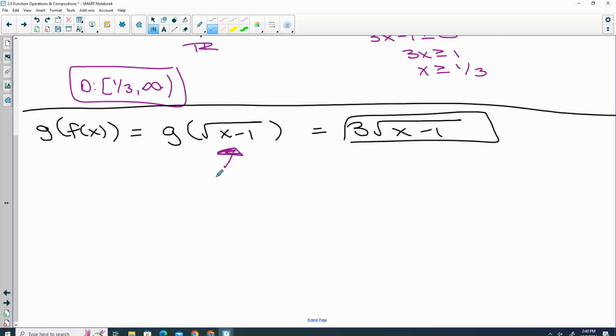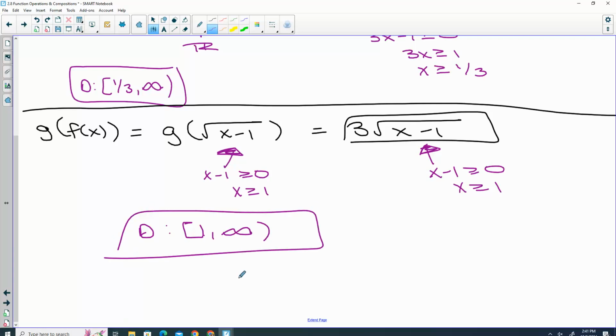We had a square root, so the radicand greater than or equal to 0, so x is greater than or equal to 1. Final answer, does the 3 on the outside affect anything? No, it's just radical, so thing underneath, greater than or equal to 0. We get the same thing. So overall, my domain is just 1 to infinity. We don't care about anything outside the radical, just the stuff underneath.